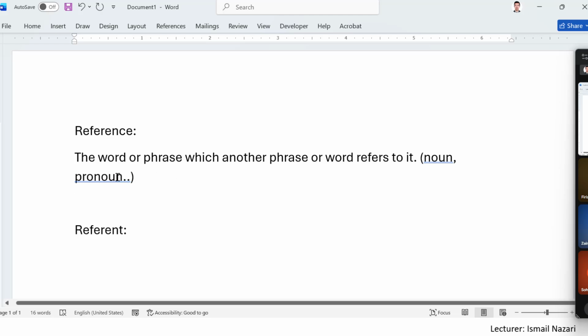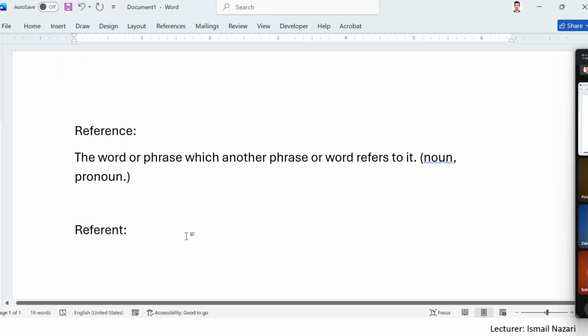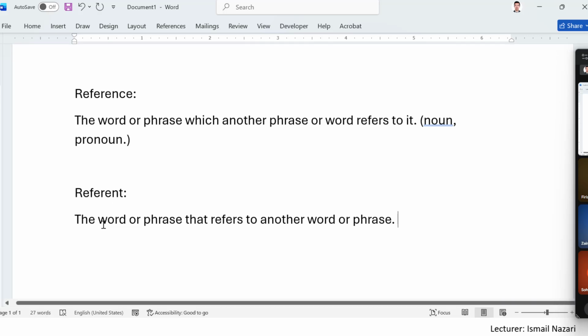It's called the reference. Referent is the opposite. The word or phrase that refers to another word or phrase is called the referent.